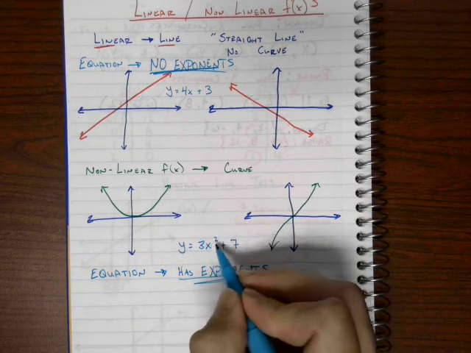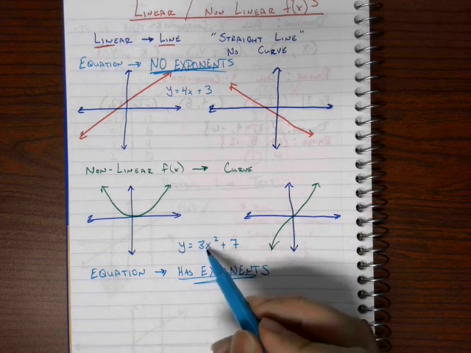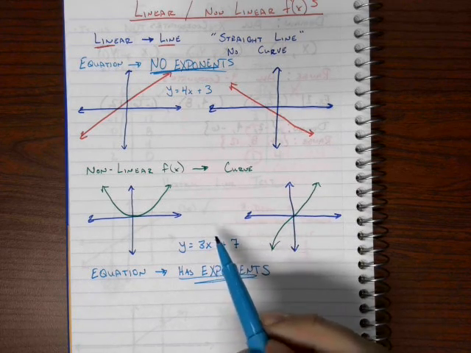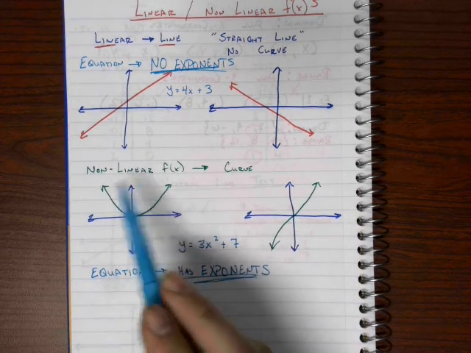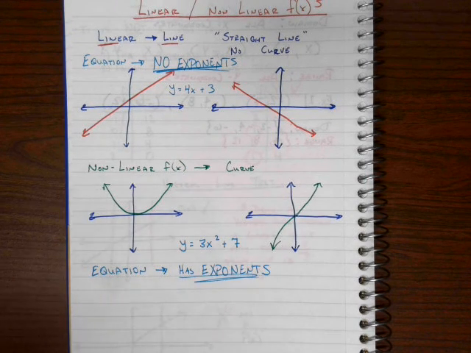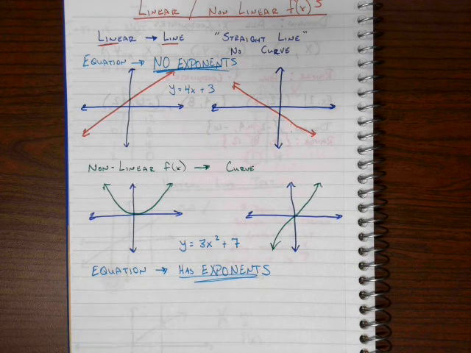You have an exponent right here. So if your x term is squared, to the 7th power, cube, whatever, it's going to be nonlinear. If your x is just by itself with no exponents, then it's linear. So no exponents, this has exponents.